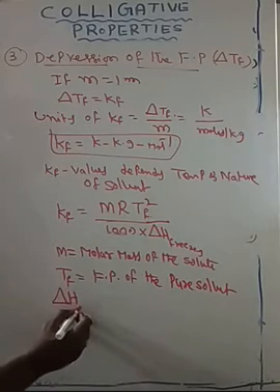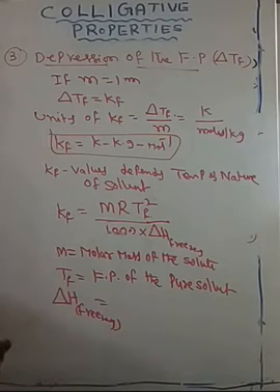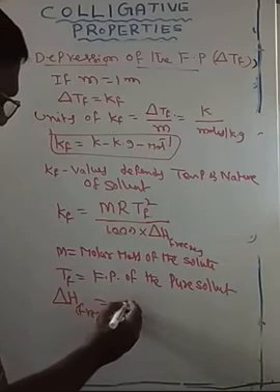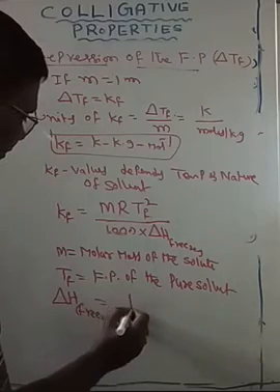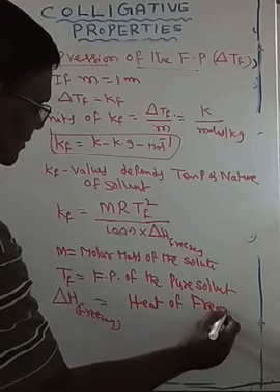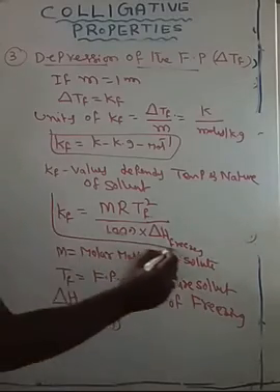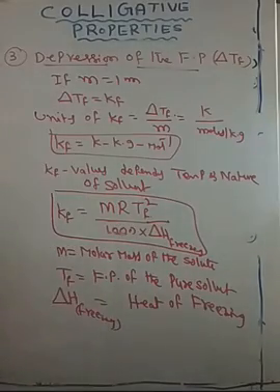Delta H of freezing is the heat of freezing, or enthalpy of freezing. These are the terms we use in the formula to calculate the Kf value.